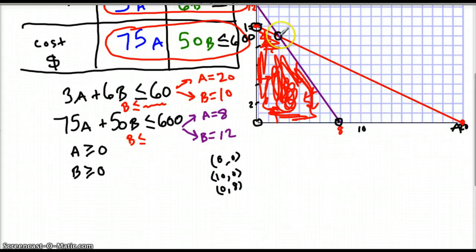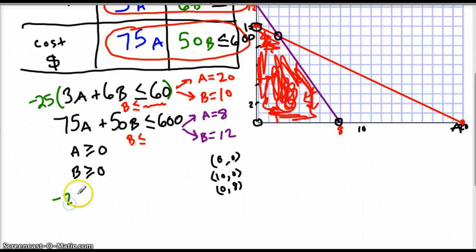So to get this point, we have to eliminate these guys. We could multiply this one by negative 25 in order to cancel out the A's.